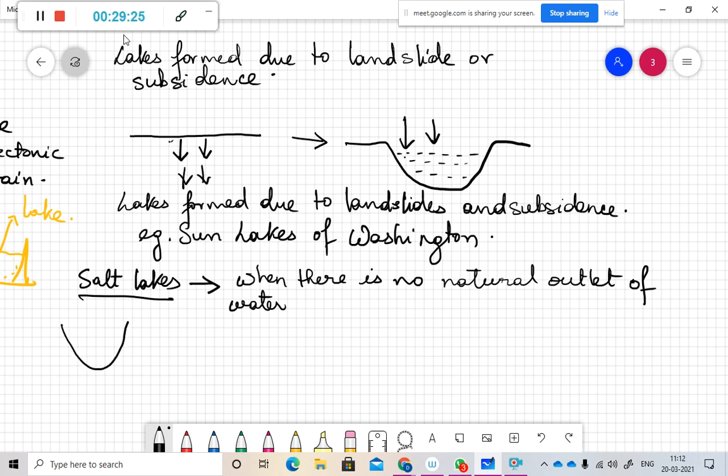So there was a lake which had no natural outlet.